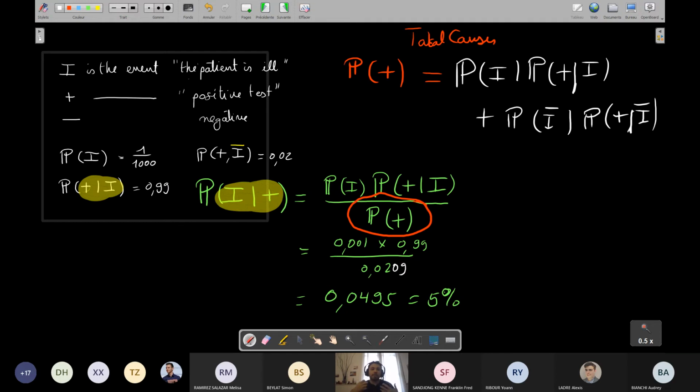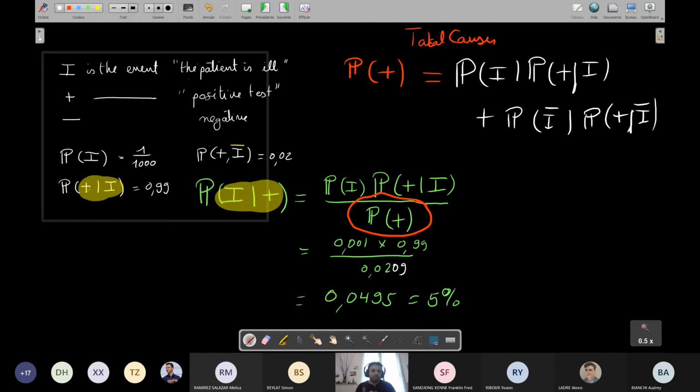So if I have a positive test, the probability that I am ill is low. It's counterintuitive, it seems very strange, but it's true. And as Johan says, it's because the proportion of ill persons is very low. Yes, exactly. The probability of being ill is 1 over 1,000.